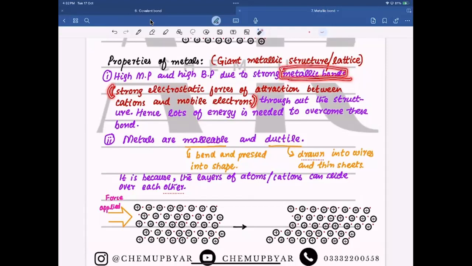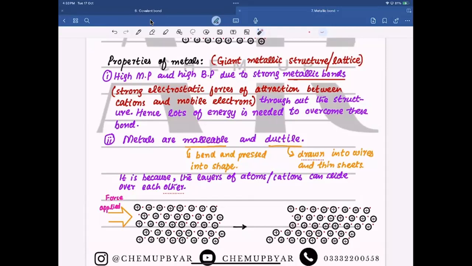Whenever an examiner mentions any metal and asks why it has a high melting point or high boiling point, you will answer that the metal has a giant metallic structure, and in that structure there are strong metallic bonds throughout, or strong electrostatic forces of attraction between cations and mobile electrons throughout the structure. That's why we need a lot of energy to overcome these bonds or forces of attraction.